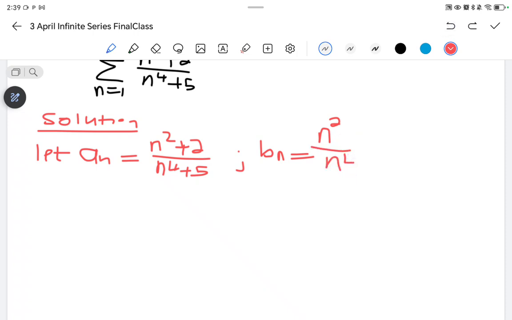Let me give you the steps. So the question is, how can I reduce the denominator?